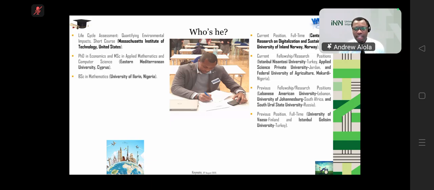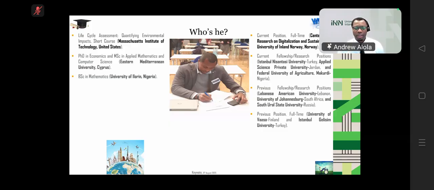currently full-time faculty at the Center for Research on Digitalization and Sustainability at University of Illinois, with current fellowship and research collaborations with Istanbul Nisantasi University, Applied Science Private University in Jordan, and Federal University of Agriculture in Nigeria.